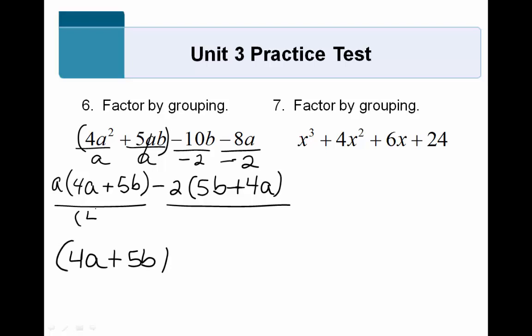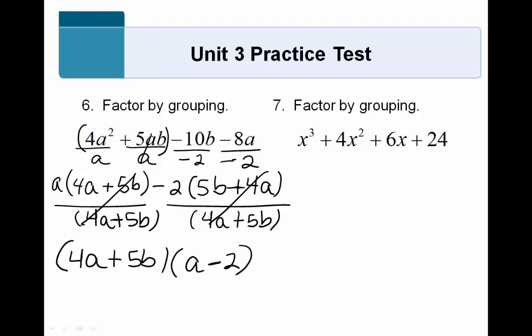And I'll divide each of these by 4a plus 5b, and I'm left with a minus 2. So 4a plus 5b multiplied by a minus 2, or a minus 2 multiplied by 4a plus 5b.